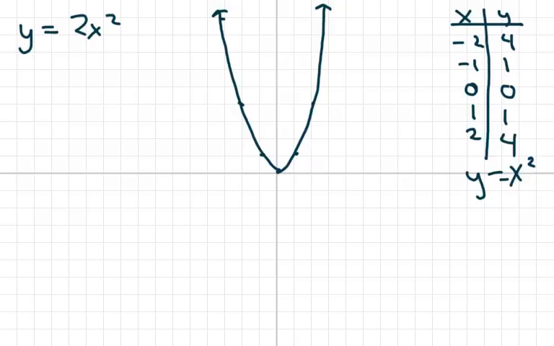And that's where I graphed it here. I also did 3, and -3 would go to 9 as well. And it's symmetric. It has an axis of symmetry here at x equals 0. That means I can fold it on this x equals 0 line, and it should match up.